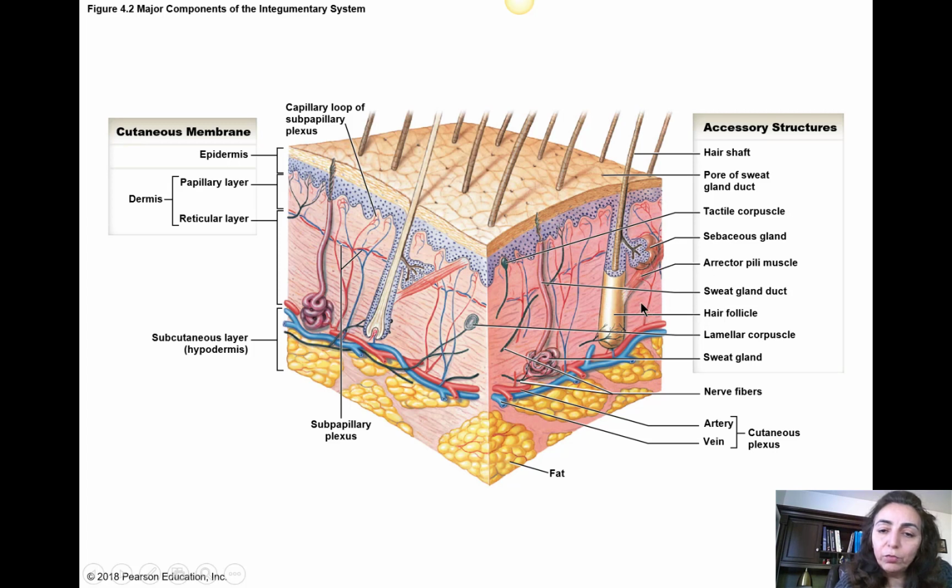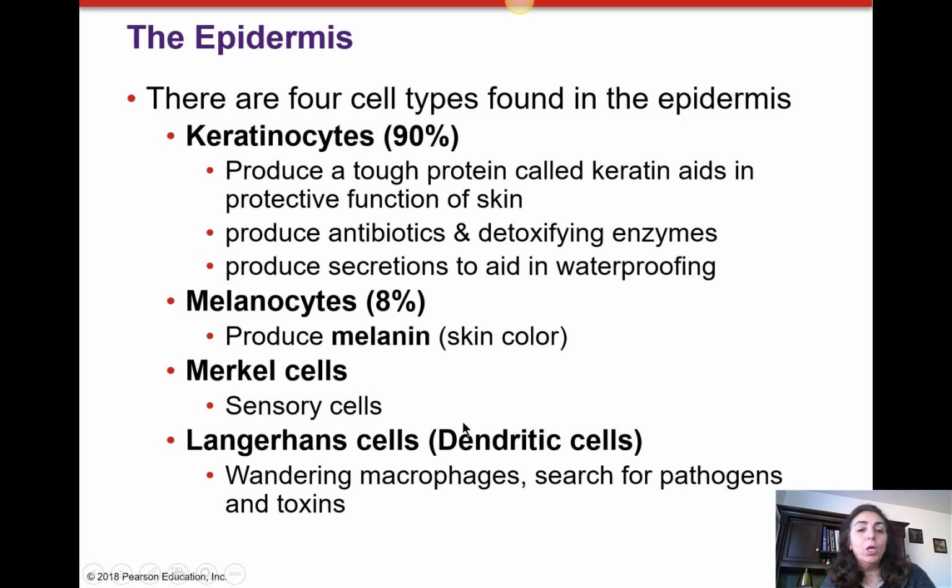And then we have the duct of the sweat gland here, and another corpuscle, the lamellar corpuscle, another sensory receptor. Sweat gland, nerve fibers, we have so many nerve fibers around here, and finally another set of bigger vessels that you have here between the dermis and hypodermis.